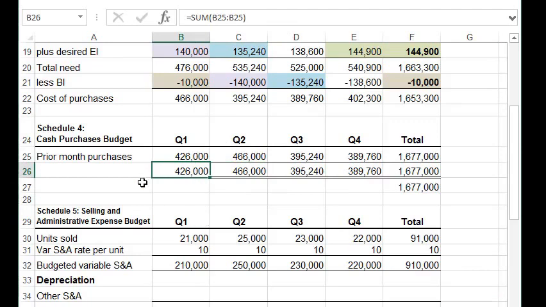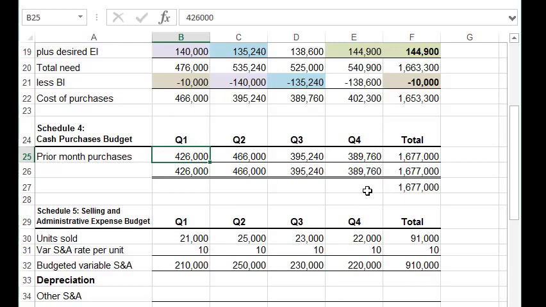What do they pay in quarter one? Well, this $426,000 comes from the balance sheet once again. If you look at the balance sheet, you'll see that Attaboy had accounts payable of $426,000 at the beginning of the year, and that account payable was related to these inventory purchases. So that gets paid for during quarter one.